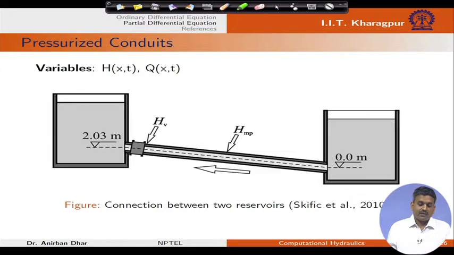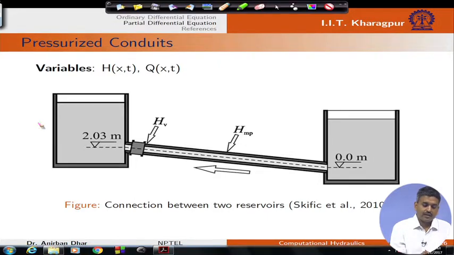Again, for pressurized conduits, for the left and right hand case, this fixed head is maintained. So, obviously, the closure time of the valve should be known to specify the conditions, and again this is a one dimensional system, but this is again an initial boundary value problem.